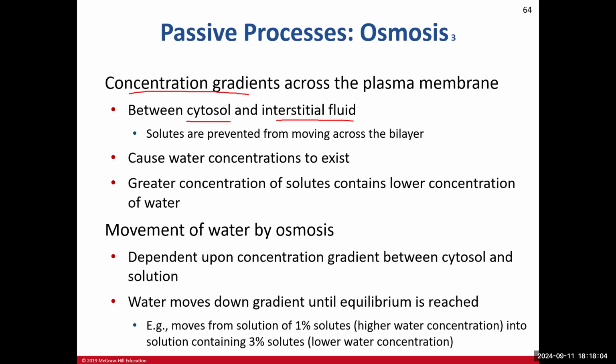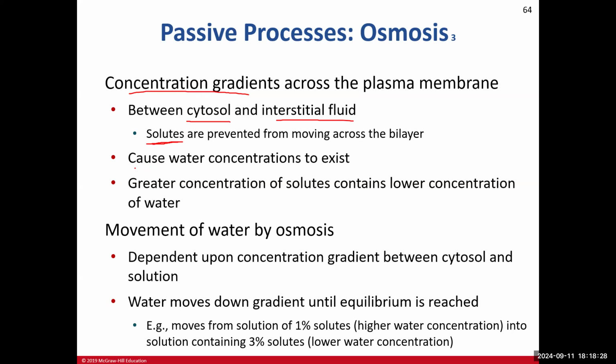All right. So we're going to talk about the movement of material between those two spaces. Keep in mind, depending on the type of solutes that we're dealing with, some of those solutes are going to be prevented from crossing the plasma membrane if they're charged, if they're large, if they're polar. So they can't go. Water's a different story here.